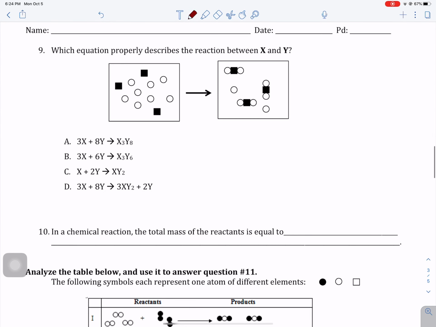Okay, so number 9. Which equation properly describes the reaction of X and Y? Okay. So let's see.